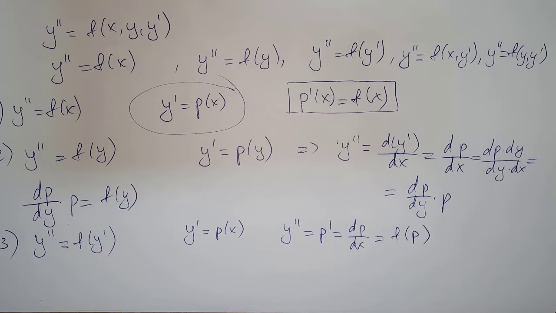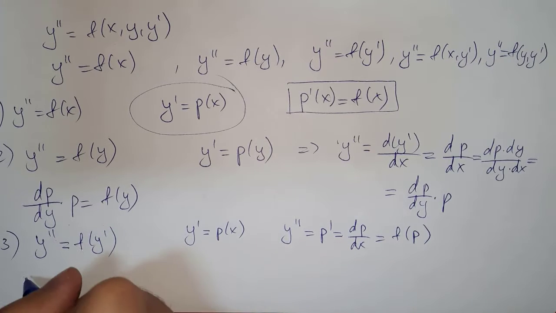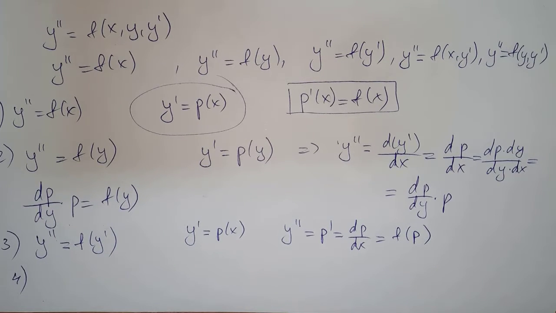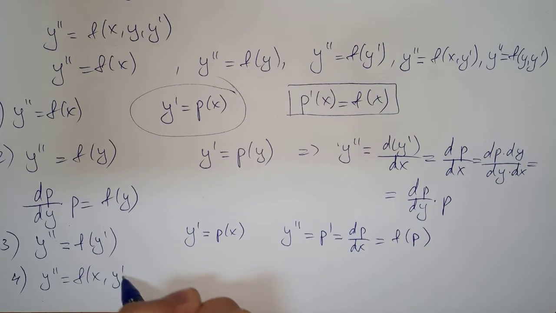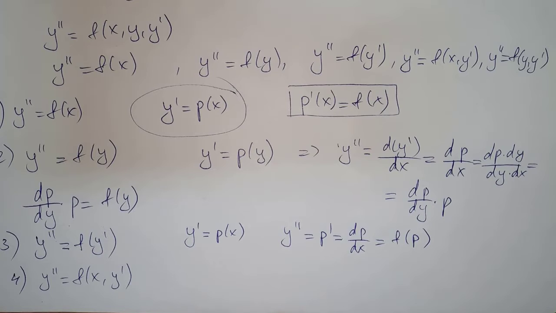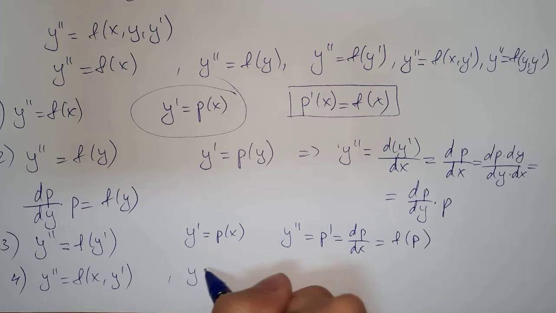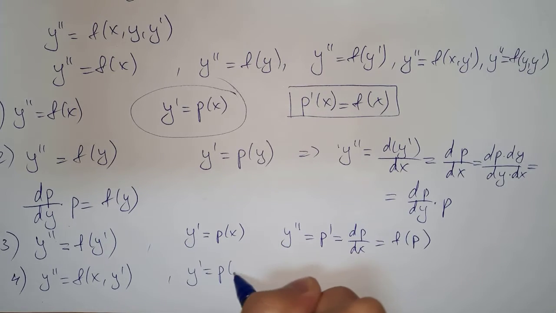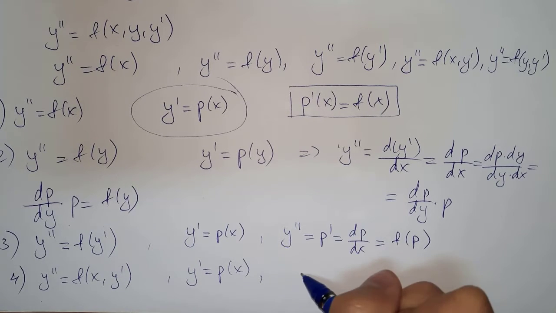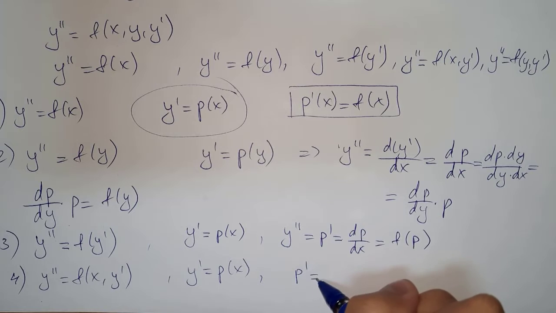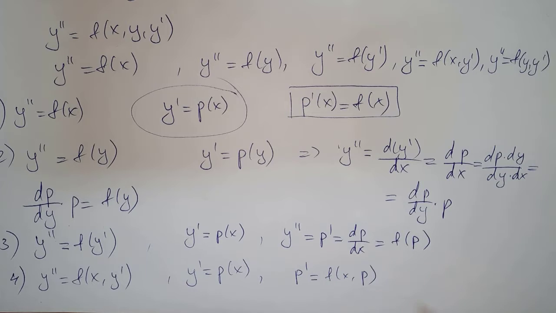Here we can write the fourth case also. The fourth case is now y double prime is f of x and y prime. You can see by substituting we can reduce. Here also we substitute y prime as p of x, and then we get p prime equals f of x and p.